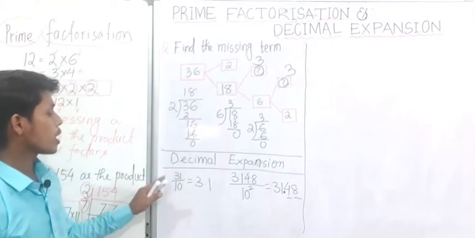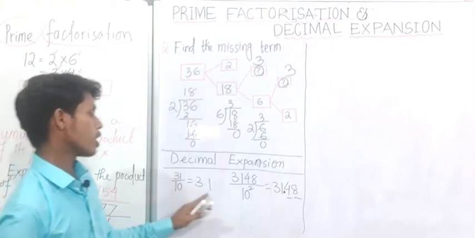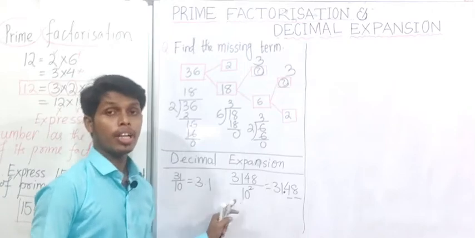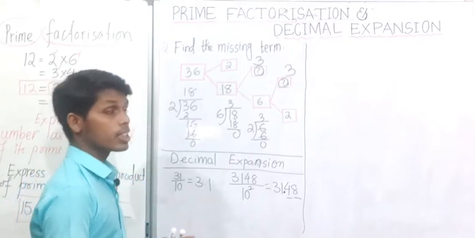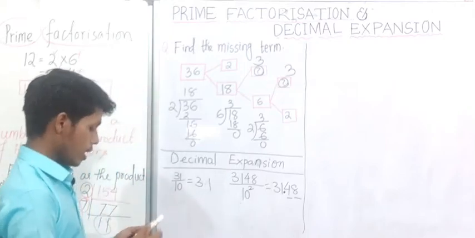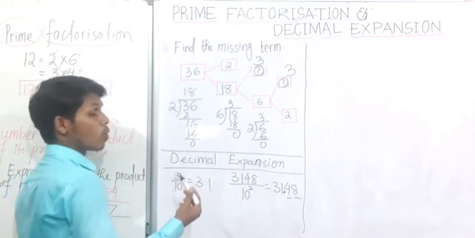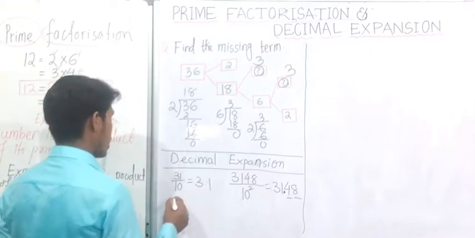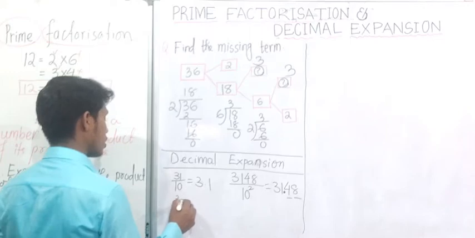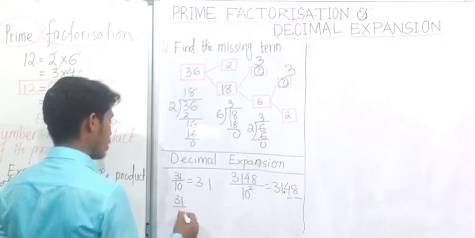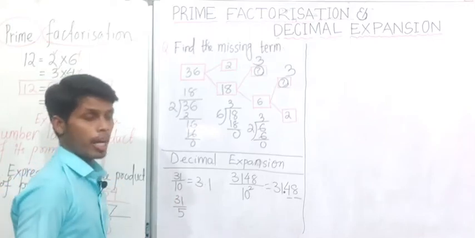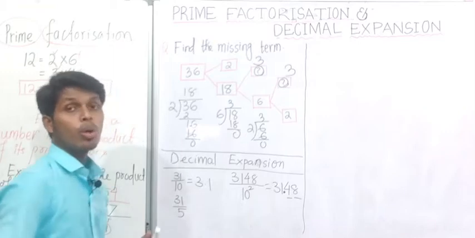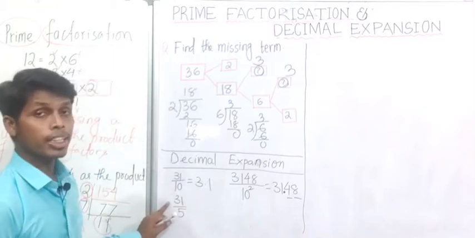So it is very easy to express rational numbers as decimals when 10 or any power of 10 is in the denominator. If there is no 10 in the denominator, say it is 31 upon 5, how do we express this rational number as a decimal number?